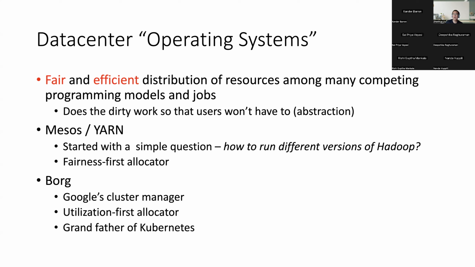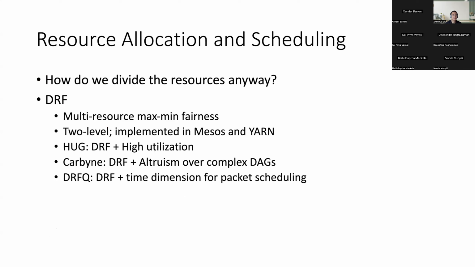Everything else is proportional to that. So basically, you can halve the cost of the whole data center. That's a huge amount of money for a large company like Google. So the Borg system is a utilization-first allocator, and you can consider it the grandfather of Kubernetes, which is widely used nowadays. I think later I have some slides that go a little bit deeper into the Borg manager.